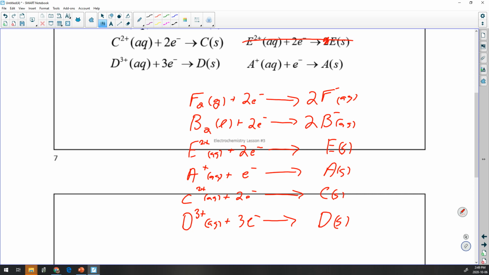Okay. So that's how we, or we scientists, came up with the table of half reactions. Again, determined empirically. Theoretically, we don't know why. We don't ask you to explain why chlorine is a stronger oxidizing agent than bromine.